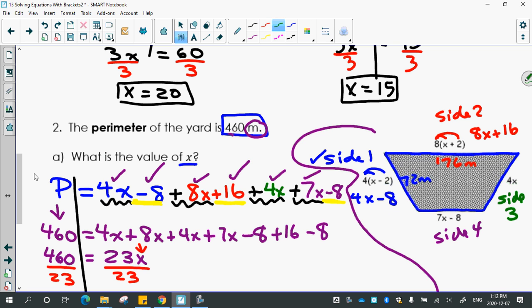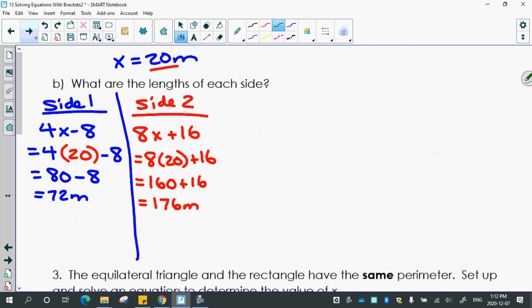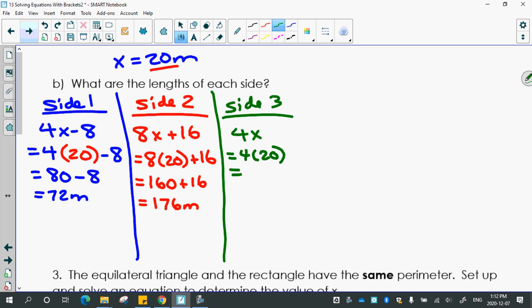So now we're on side 3, which is just 4x. It's an easy side. So side 3, 4x. X is still 20. Substitute using brackets. 4 times 20 is 80 meters.